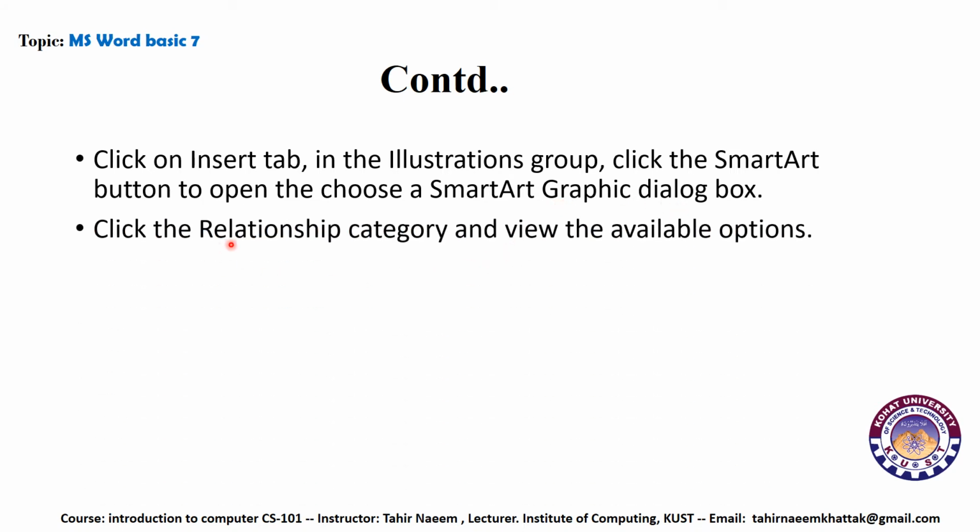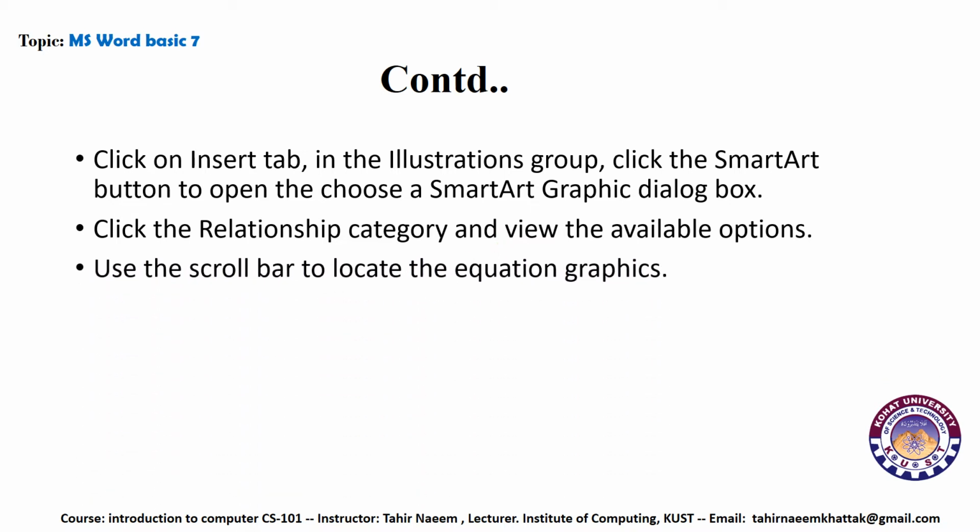As I have previously discussed, in the SmartArt Graphic dialog box there are different options available to us. Let's suppose we click on the Relationship category, and view the different diagrams available.